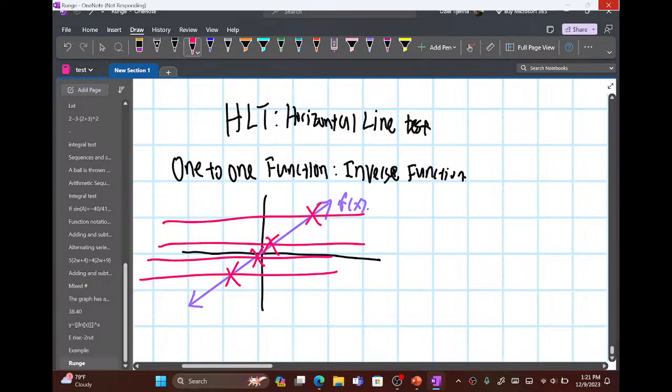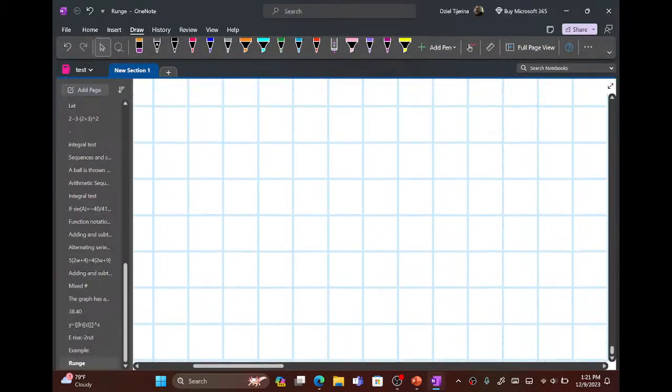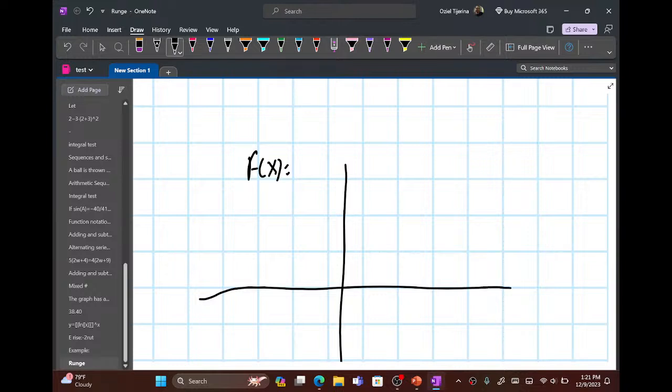Now, if I go ahead and state the following, let's say f of x is equal to, I don't know, some kind of parabola, they call this a parabola, like that, and I know that this is f of x.